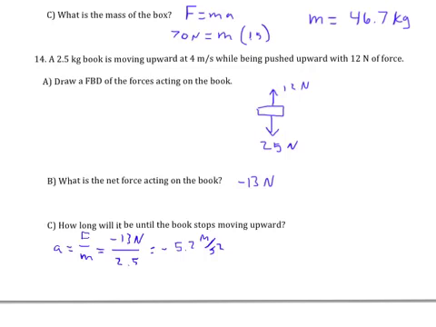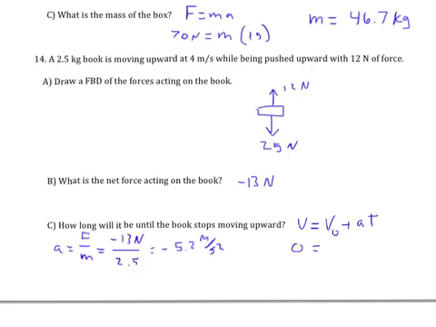Now, it's moving upwards at this rate right here, and I want to know how long it's going to take. The kinematics equation that's most likely to help me is V final equals V initial plus a t. So V final is going to be 0.